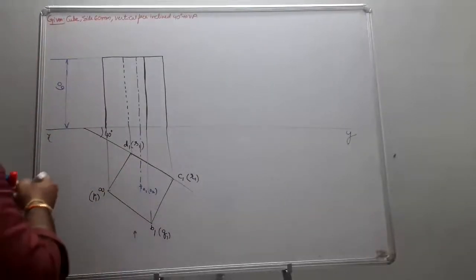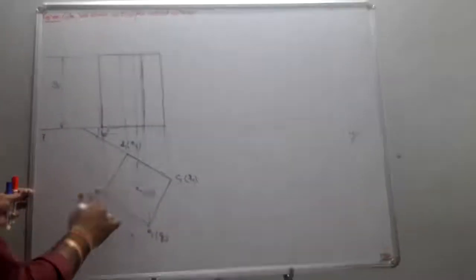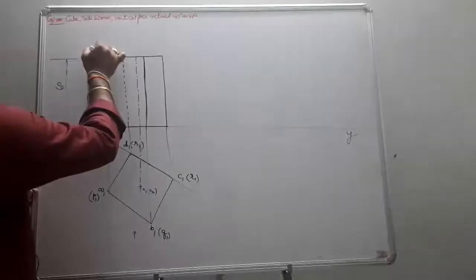Now tell me the points obtained on the top base. It is ABCD. So this becomes A1 dash.